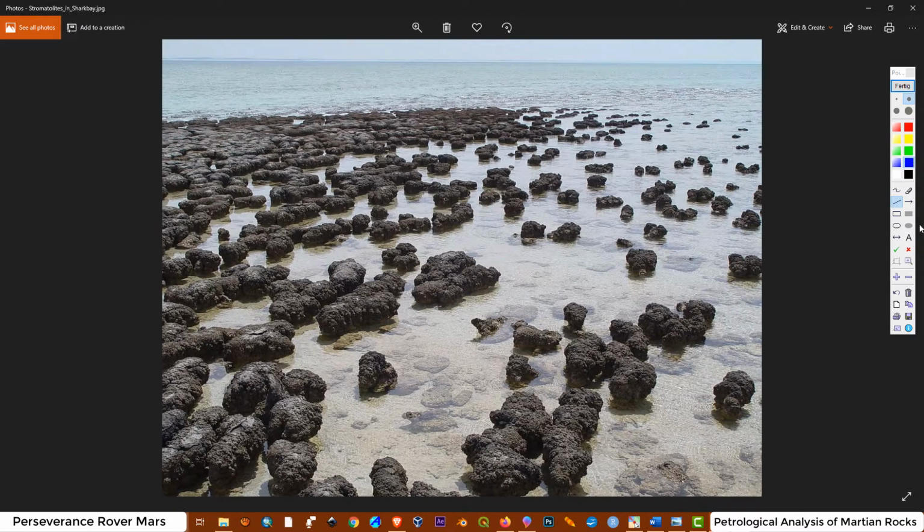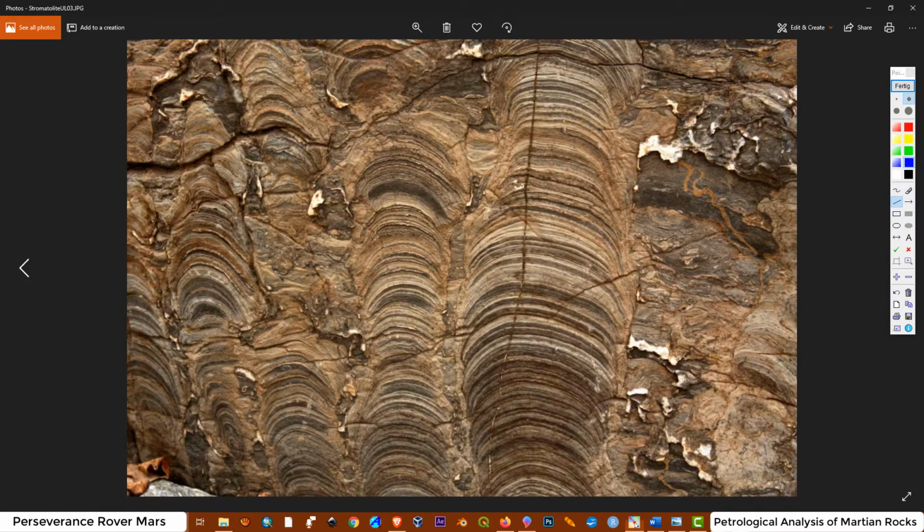Let's see another example. If we take a different section, in this case a section like this one, what we are going to see in the fossil record will be something similar to this one, where we can see how the layers are accumulated one over one in different stromatolites.